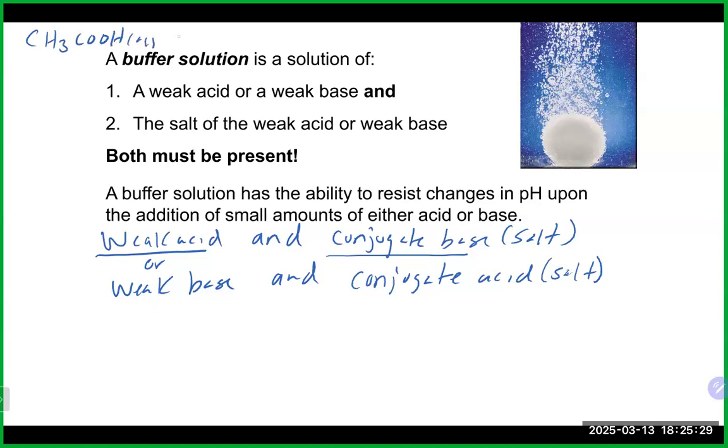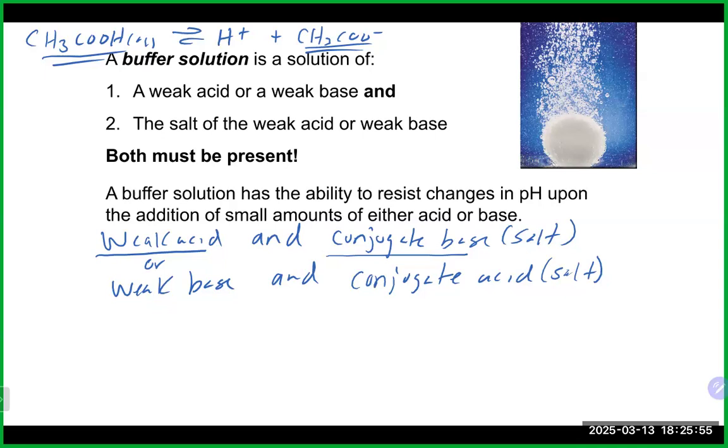And if it is partnered up with its conjugate base, it will also provide the guy on the right-hand side as well. And when you make a buffer, you actually add more acetate to sort of beef it up. So in the process of making a buffer, you're actually going to be adding more of the common ion in there. And that's what's going to create that common ion effect.